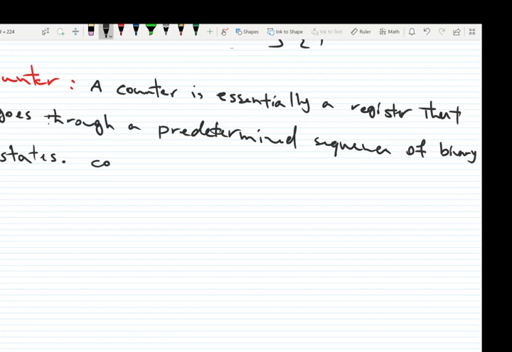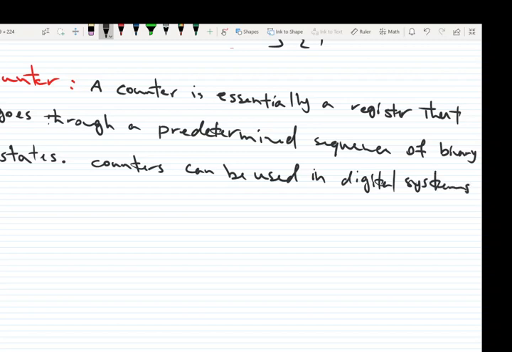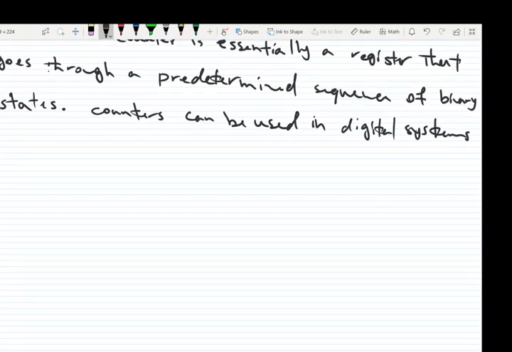Counters can be used in digital systems for many purposes.